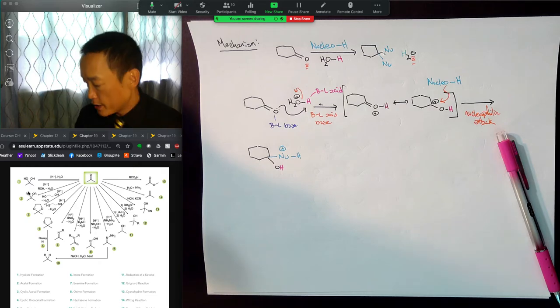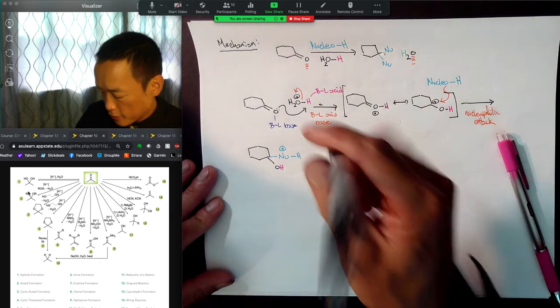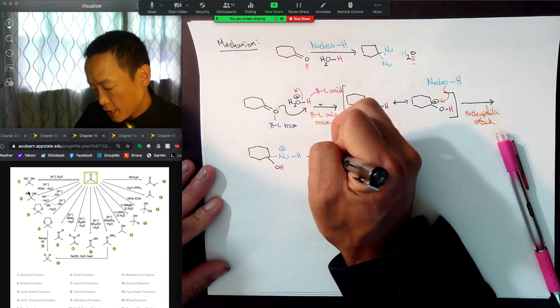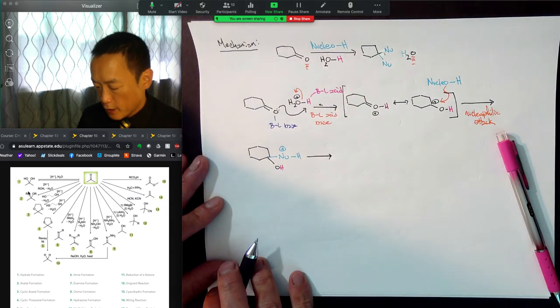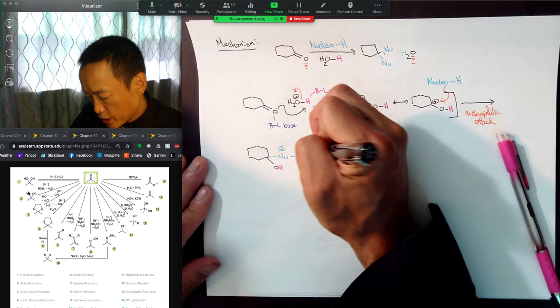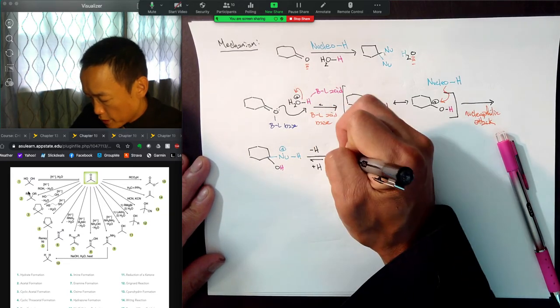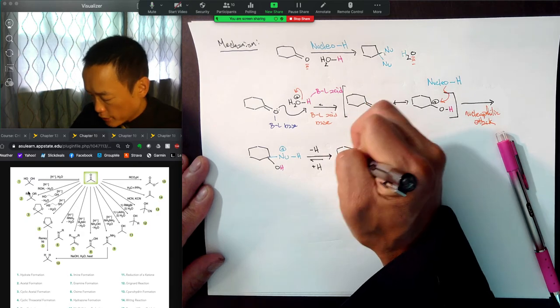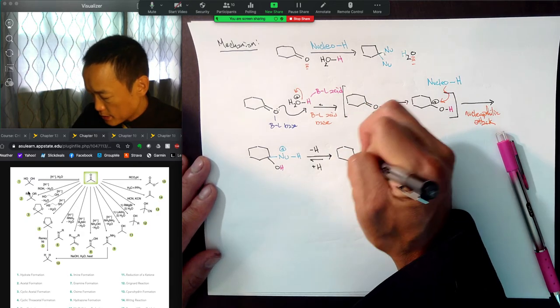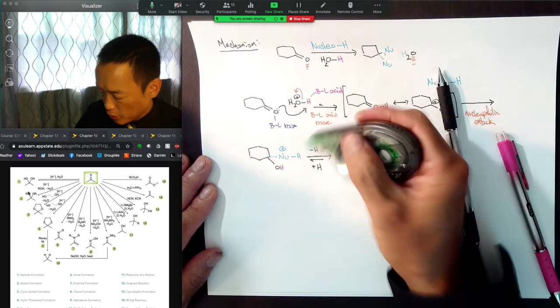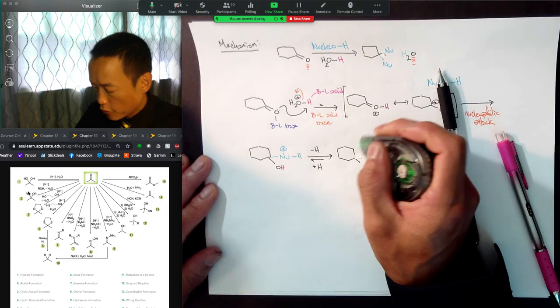Now, the next step here, in order to drive the reaction forward, involves the proton exchange that I'm denoting with an equilibrium arrow that above it says minus H and below it it says plus H with the arrow going backwards.